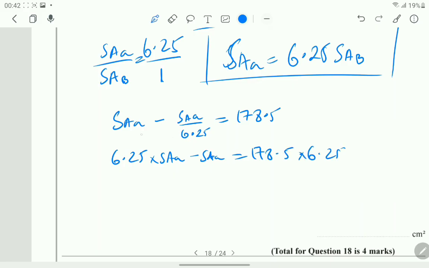Notice what I did there. I took a common denominator and multiplied this with this and then sent it here. Once it was here and then I sent it here. So just skip the step. You can show it or you cannot. It is up to you.